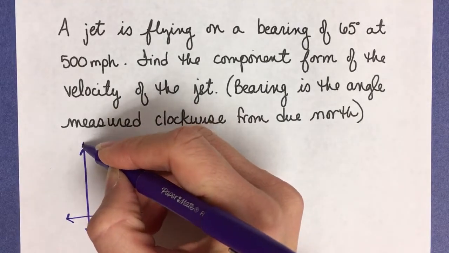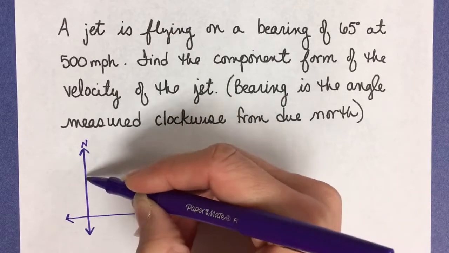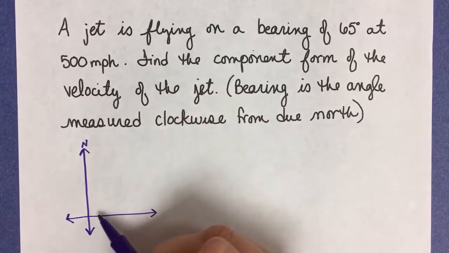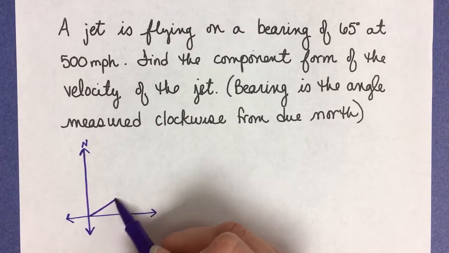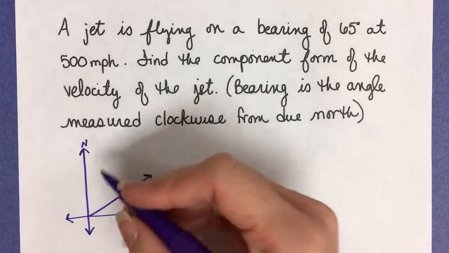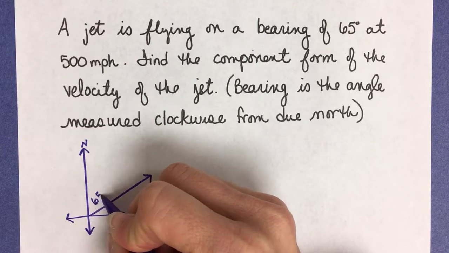So if this is due north, you go clockwise, the direction of a clock. You're going to go 65 degrees from here around to here. So this vector is going to represent this situation, but this is the part that is the 65 degrees.